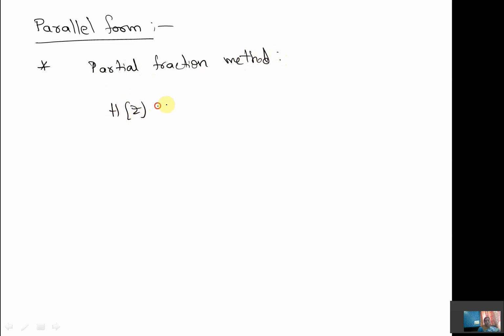So that H of z is nothing but, for example, it may be in the form of some constant plus summation of individual system functions. Here partial fractions are applied for rational functions where the numerator polynomial order should be less than the denominator polynomial order.